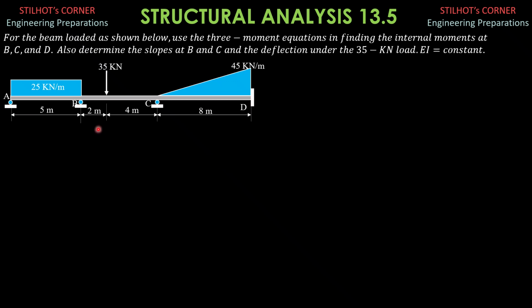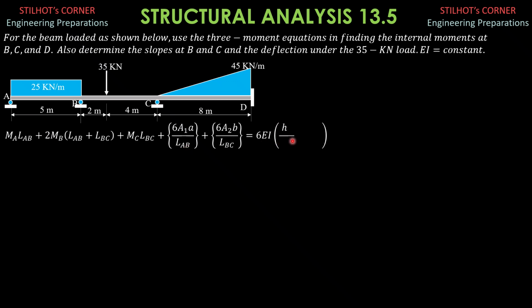The three moment equation is, if you can recall, for instance in span ABC with constant EI: MA times LAB plus 2 times MB quantity LAB plus LBC plus MC times LBC plus 6A1A1 over L1 for span AB plus 6A2B2 over L2, LBC for L2, equals 6EI times quantity HA over LAB plus HC over LBC.